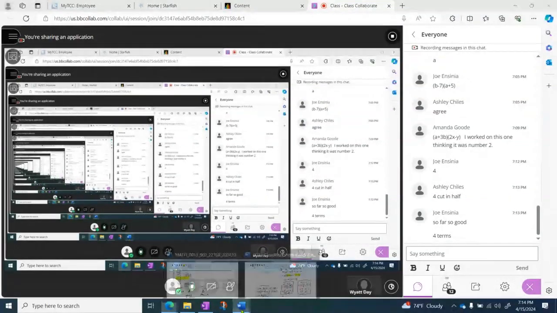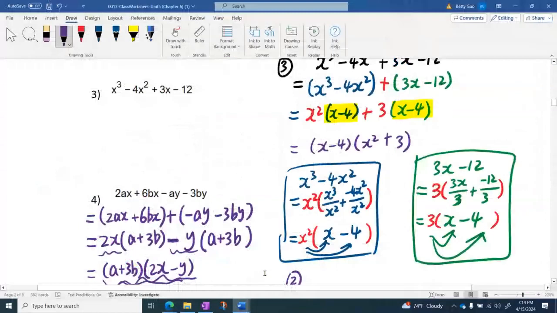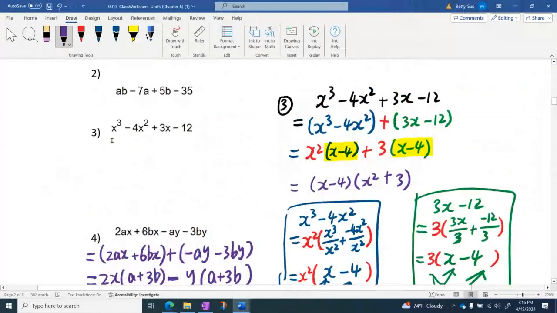The polynomial has 4 terms, and the GCF of the 4 terms is 1. There's nothing to factor out. That's why we skip that step. In the case the 4 terms do have a GCF different from 1, we would have to factor out the GCF. But I don't think you would have that question.